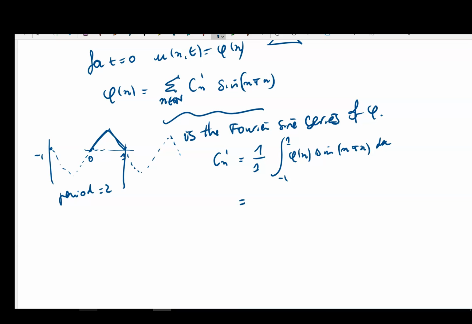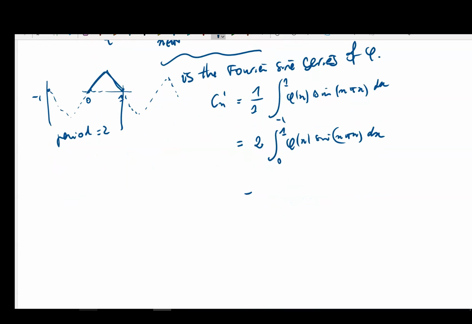So I've got that this is going to be equal to 2 times the integral between 0 and 1. 1 over 1 was 1, but instead of calculating the whole integral between -1 and 1, I'm just saying that as the inner function is even, that's just going to be 2 times the integral between 0 and 1 of that same stuff, sine n pi x dx.